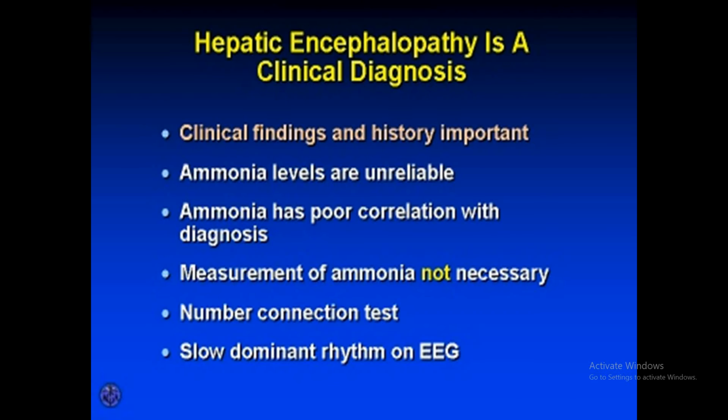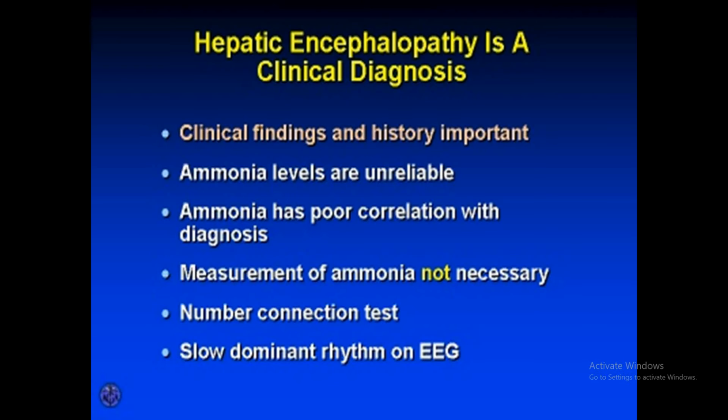First of all, there is increased drowsiness. The patient does not want to talk, he wants to sleep. There is a reversal of the sleep pattern, and electroencephalographic changes occur.